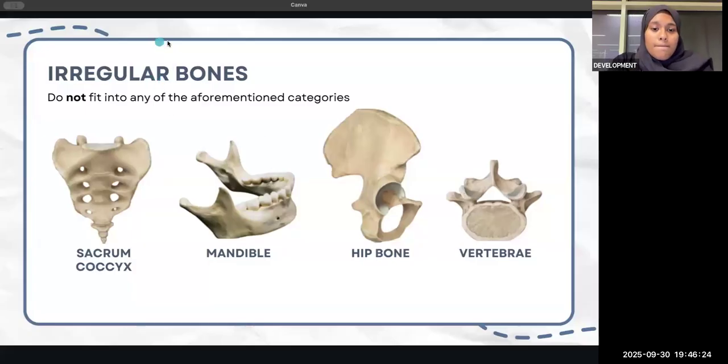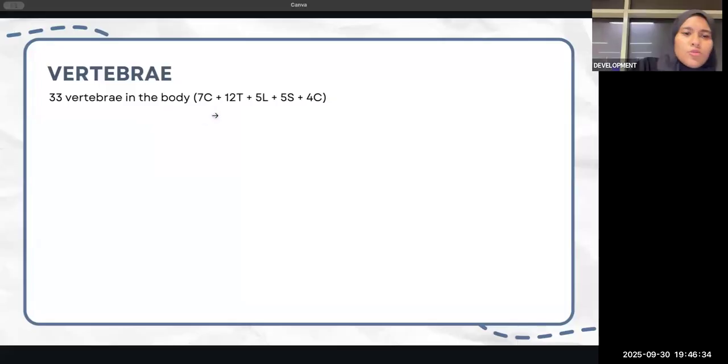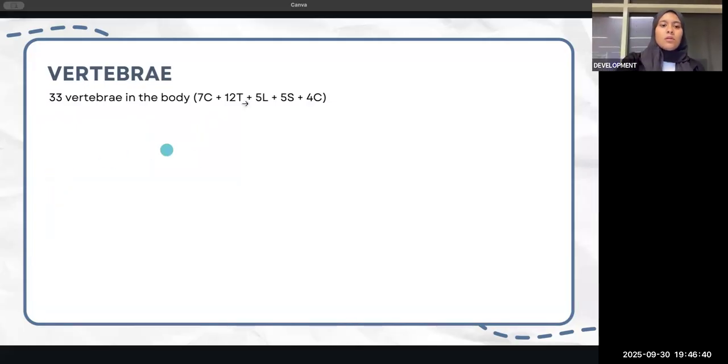Okay, let's move on to vertebra. We have 33 vertebrae in the body. I think I saw someone say 26 or something, if you count the fused ones. But without fusing, 33 vertebrae in the body. You have 7 cervical, 12 thoracic, 5 lumbar, 5 sacral, and 4 coccygeal.